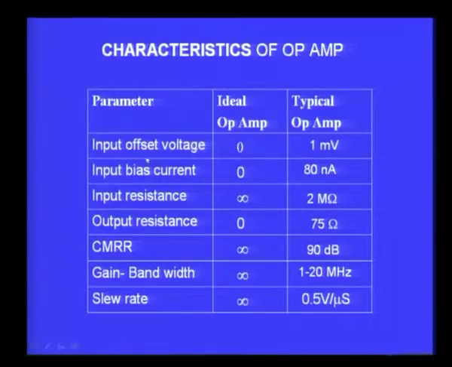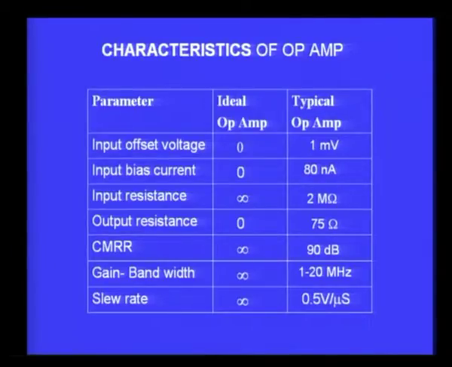If you look at, for example, the input offset voltage, ideally the offset voltage should be 0. You know by now that the input offset voltage is the voltage which I should provide at the input to make the output become 0 when there are no more signals applied.